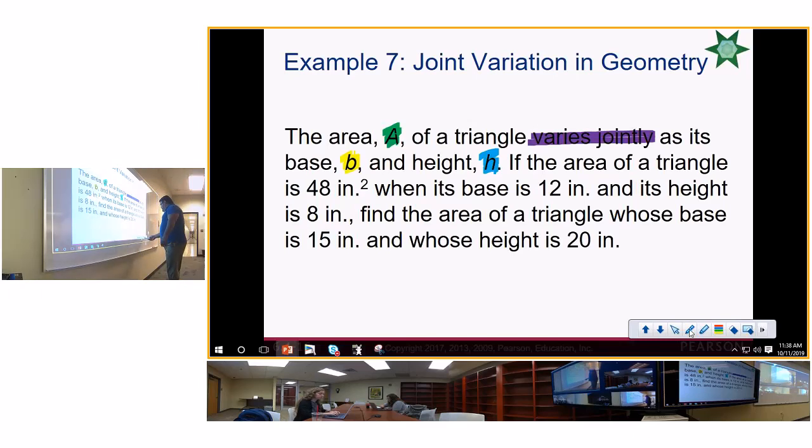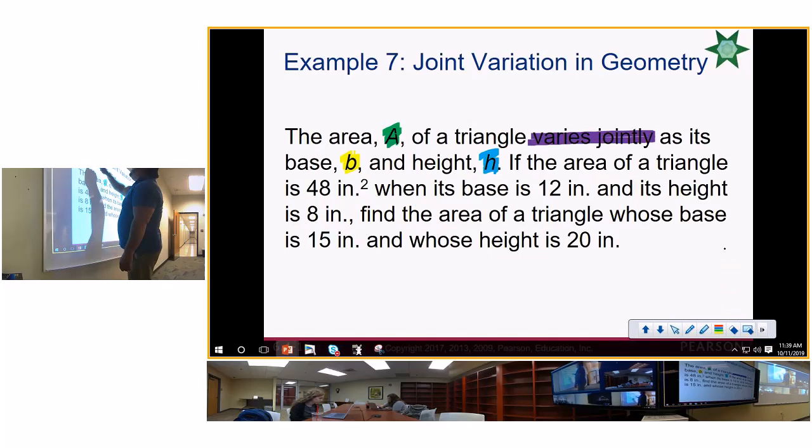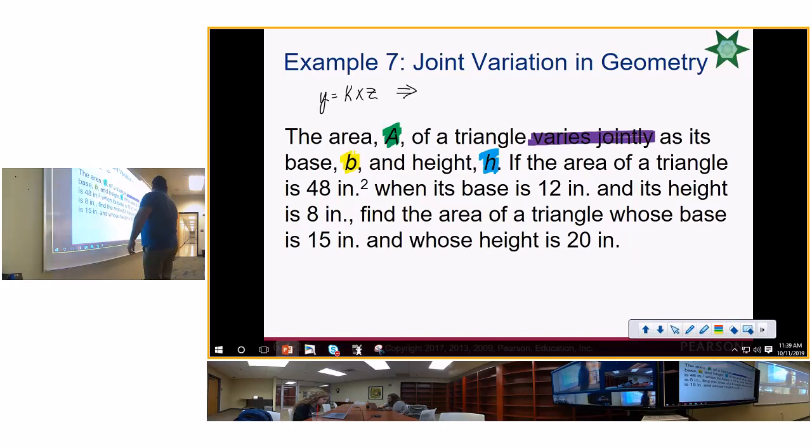If the area of the triangle is 48 inches, okay, so now I'm going to write my formula. Y is equal to KXZ. So now I'm going to do the first part. I'm going to plug and chug.